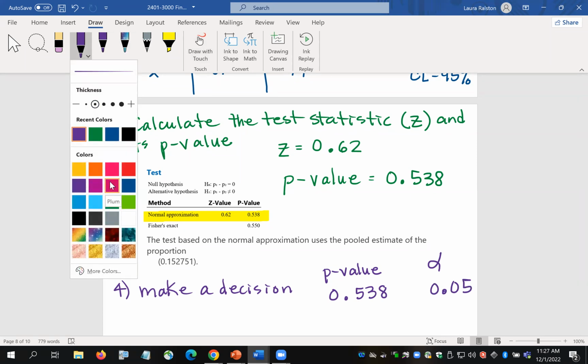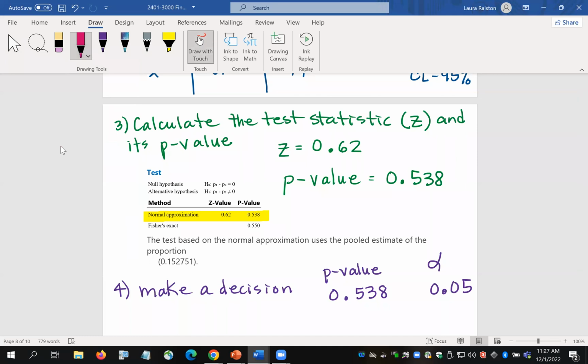Again, you compare those digit for digit. So 5 compared to 0, 5 is greater than 0, p is greater than the level of significance, so we fail to reject the null.